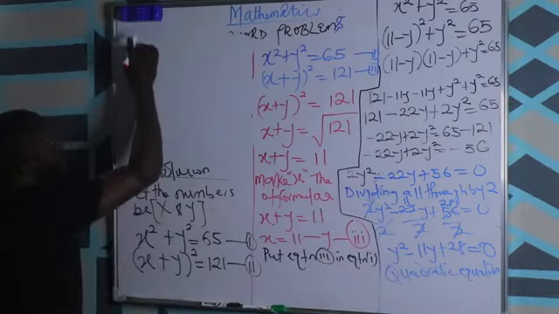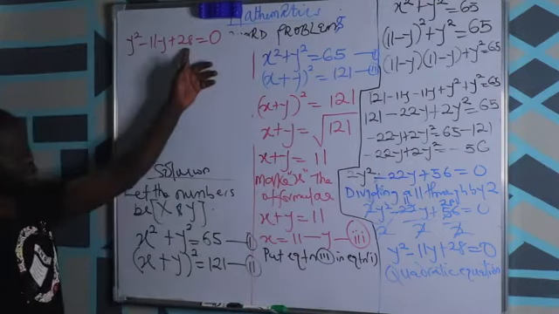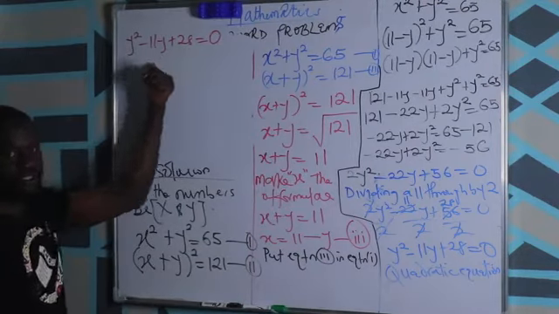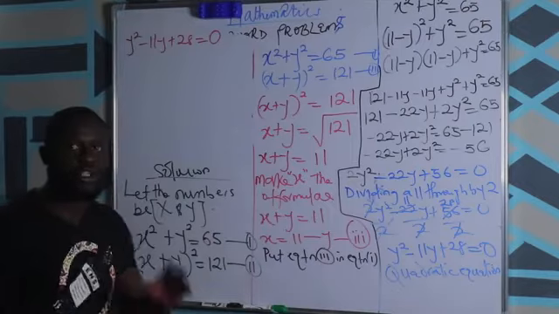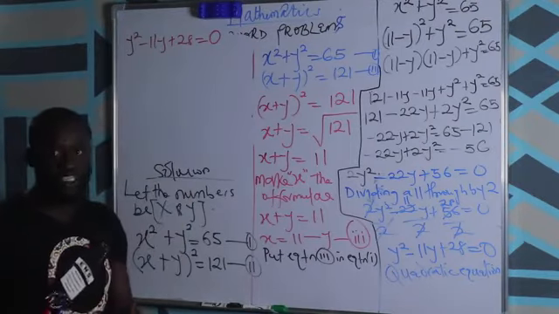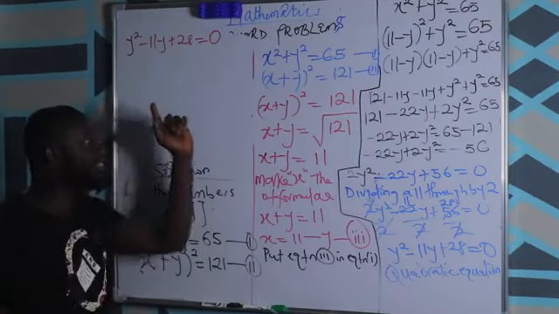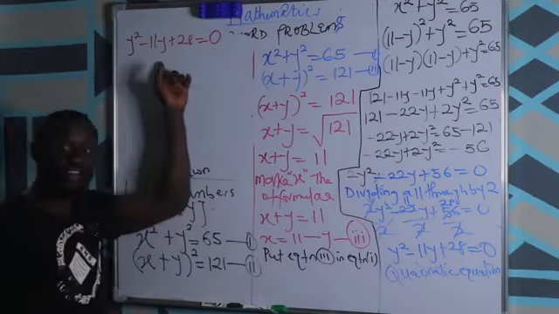So I have y squared minus 11y plus 28 is equal to 0. So this is called the product and this is called the sum. Now the question is, if using factorization method, what will you add that will give you 11, and what would you multiply to give you 28?